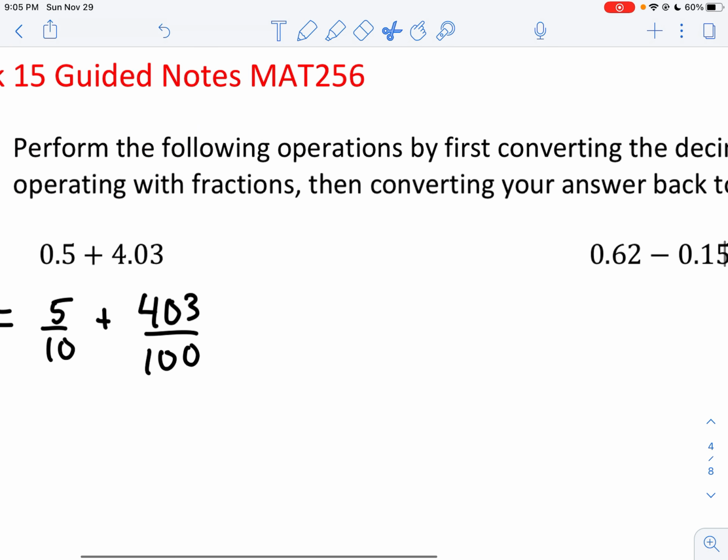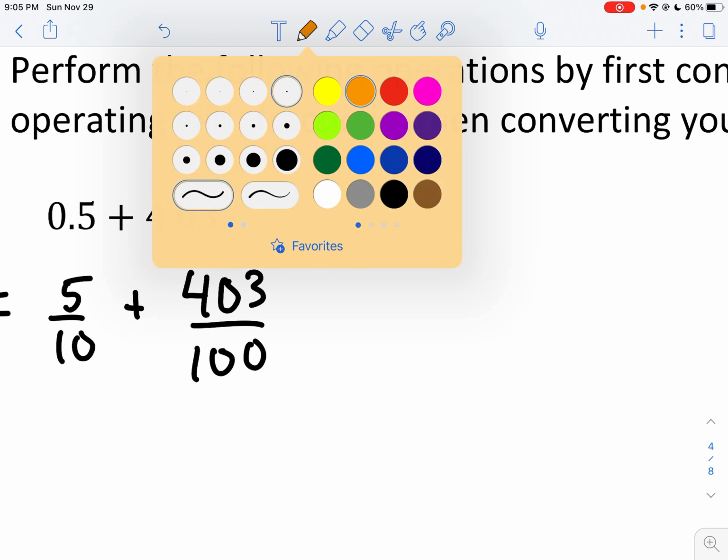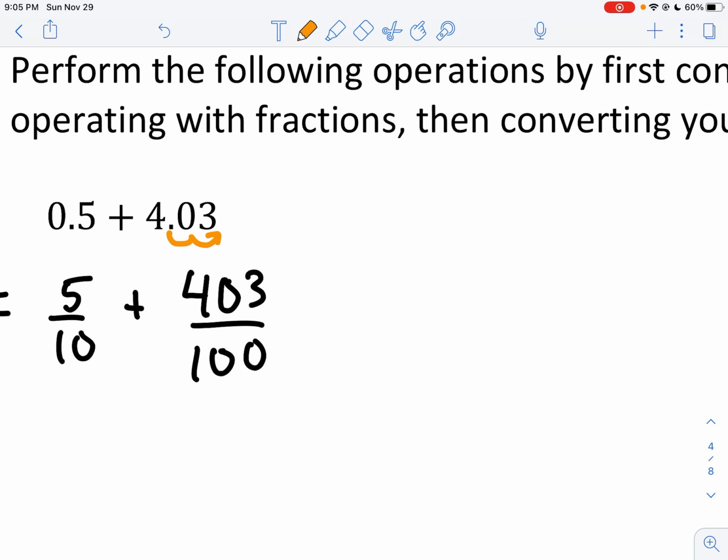And how did I know to make that a 100 down here? Well, I looked up here and asked how many positions to the right I would need to move that decimal so that I thought of this as 403 of something, and it moved twice to make it 403, so I put it over 100.